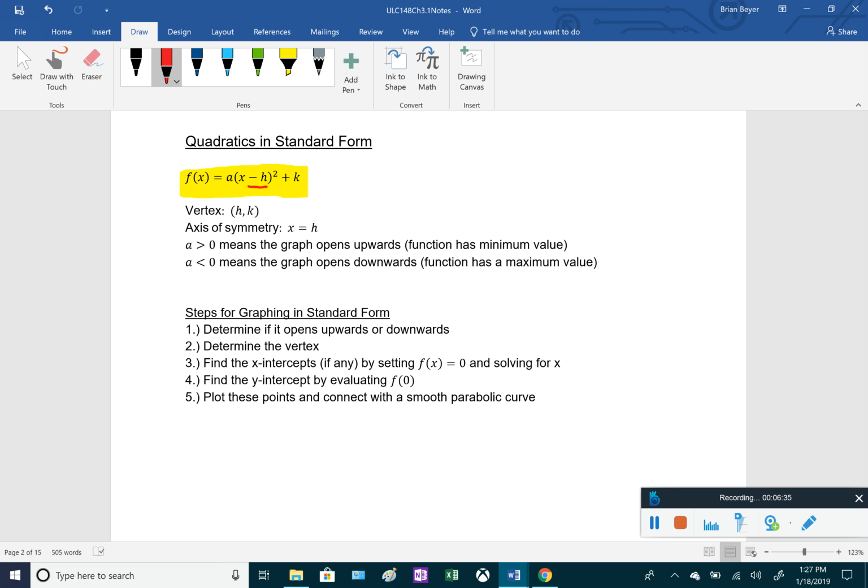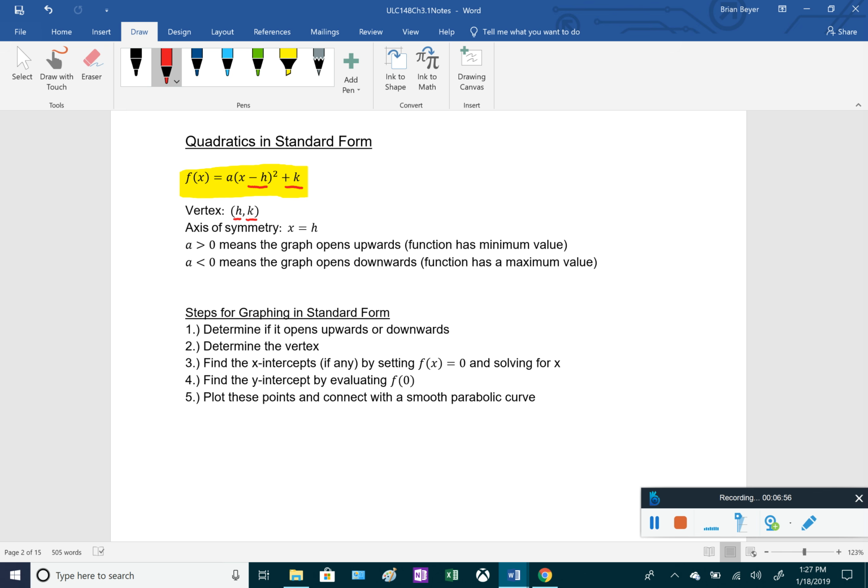So we move the x coordinate for the vertex h units. And then this k value is the vertical shift, meaning we move the y coordinate for the vertex, which was also 0, k units to that new k value.